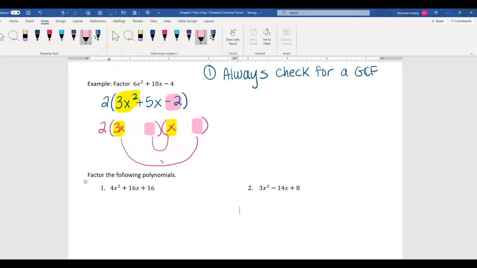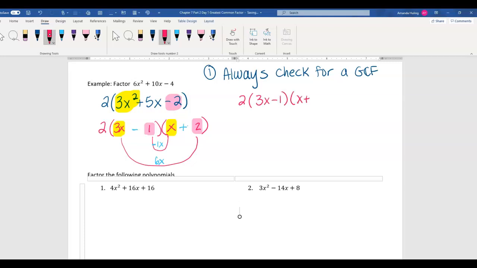So I'm going to move the 2 to the other side and the 1 to the other side. And now when I check, I get 1x here and 6x here. Does that work? Can I get a positive 5x? And I sure can if that's a negative 1, positive 2. And then what we always need to do is go ahead and recheck and make sure that I did it correctly.